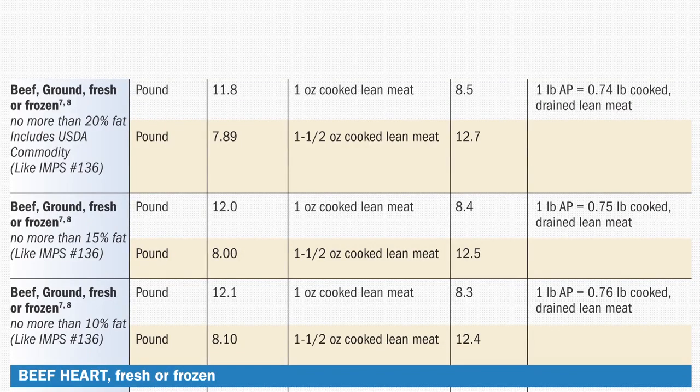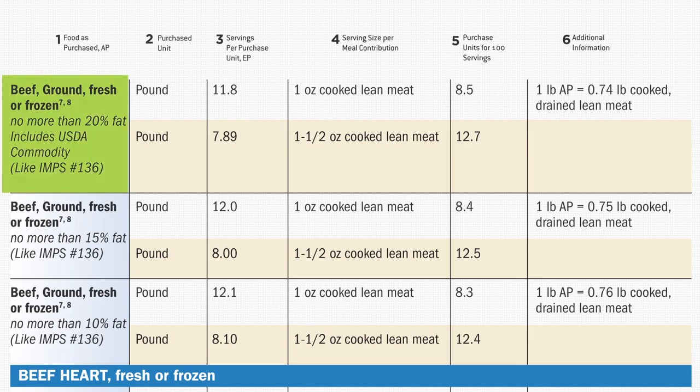First, you locate the food that matches the product you're using in the recipe in column 1, and then the form of food you intend to serve in column 4. This is cooked lean meat. Then we'll refer to column 5 to find the amount needed to serve 100 portions of 1½ ounces. Since the ground beef comes in 10-pound rolls, it makes sense to write the recipe in 10 pounds or a multiple of 10 pounds.